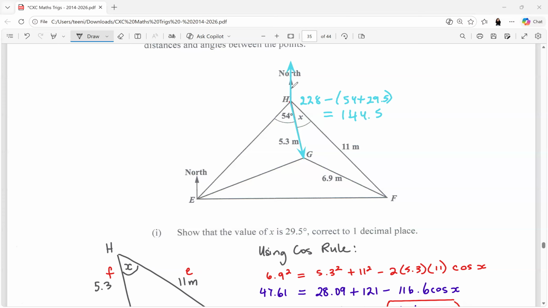So this angle here is 144.5. You add that to 29.5 and that gives us this full angle, which is 174.